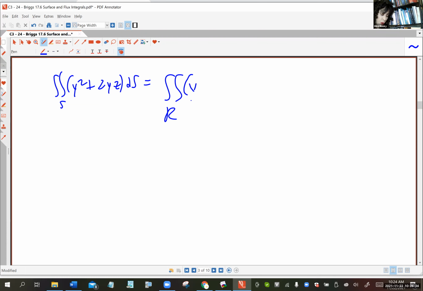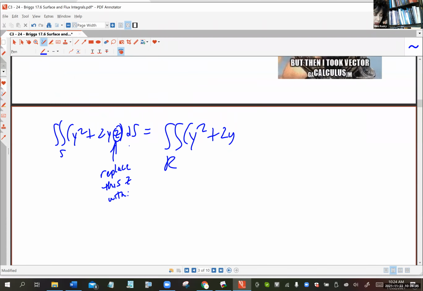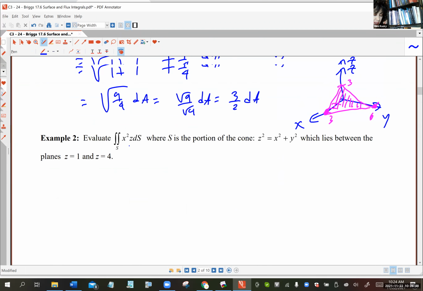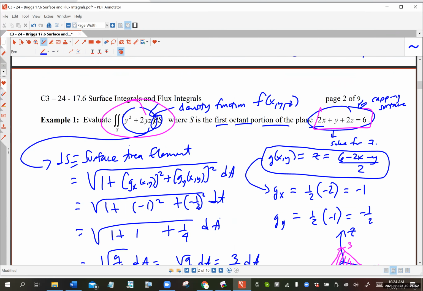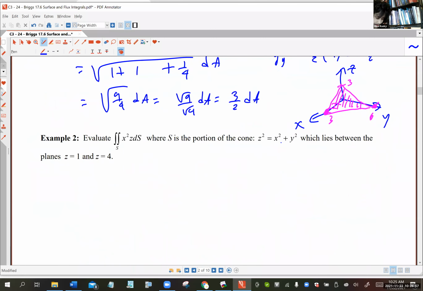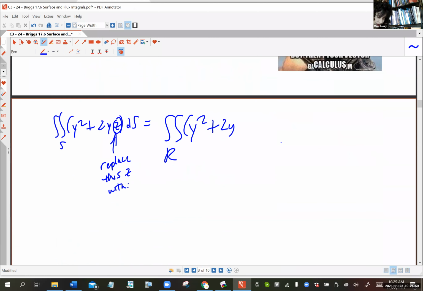You're going to have y squared plus 2y, and you need to replace this z with what? Anybody know? Because you're not allowed to have z's in a double integral. Is it 6 minus 2x minus y over 2? Yep. And put that in there. Oh man, that's messy. I know. You'll be able to cancel some stuff like that.